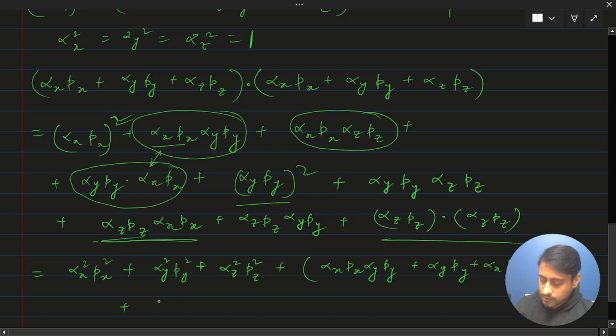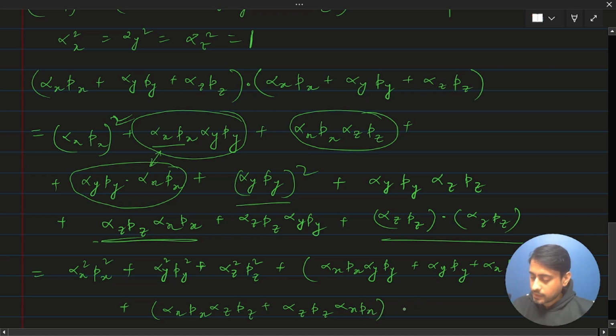So we can write it as alpha x px, alpha z pz plus alpha z pz, alpha x px.